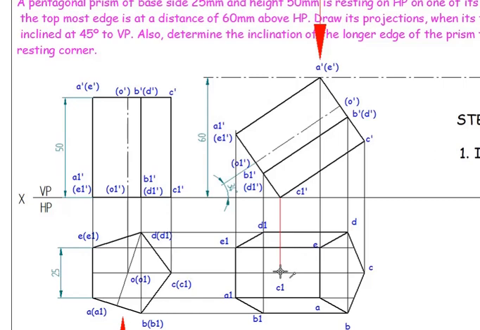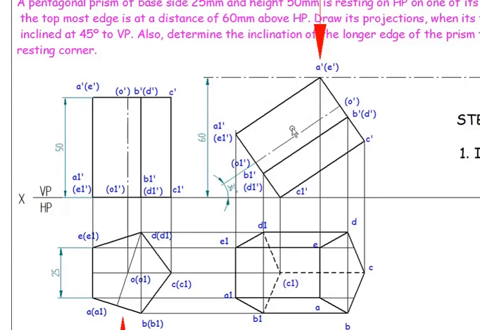From C1 to B1 is a dotted line. Line joining C1, everything is dotted. So I'm going to keep this inside the bracket.